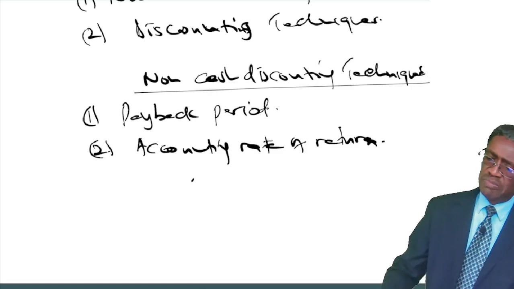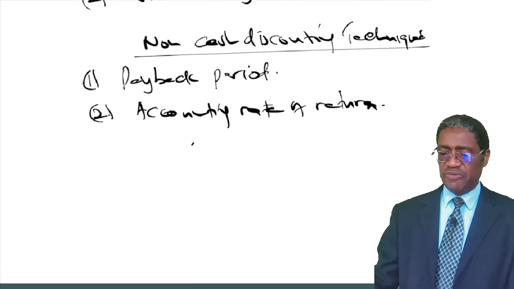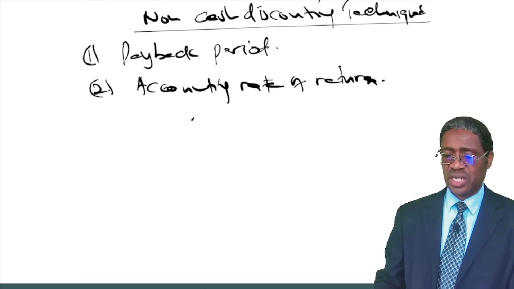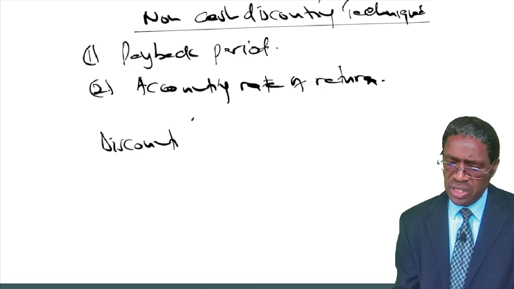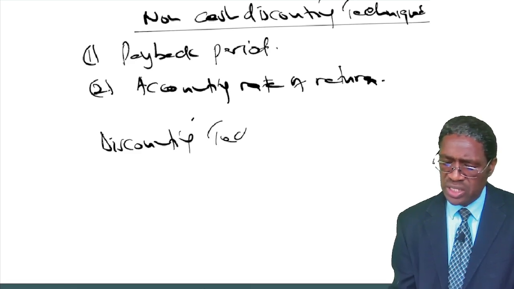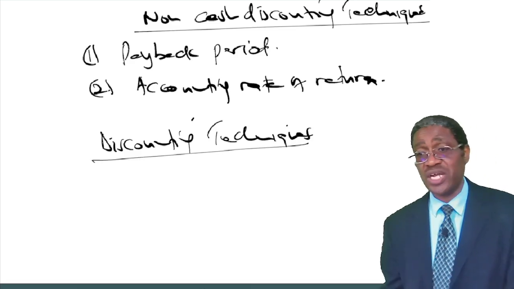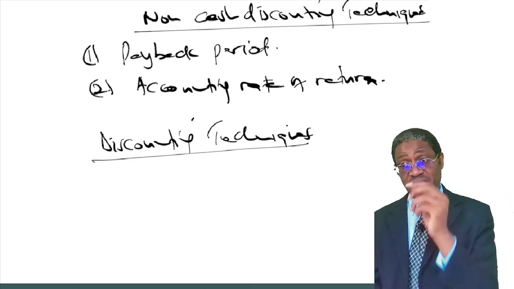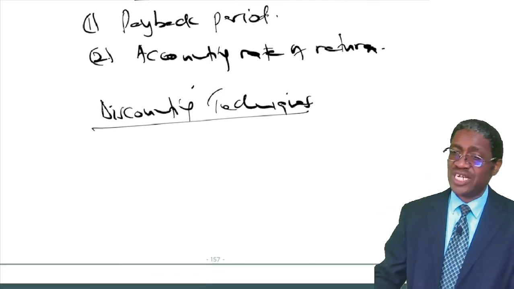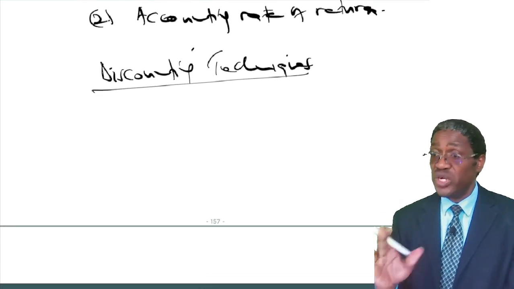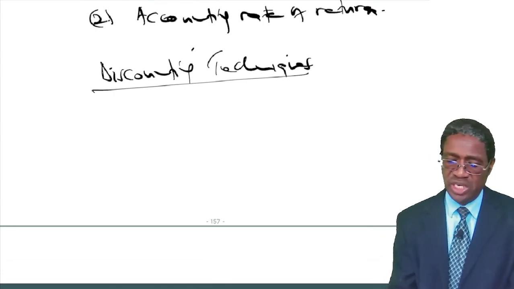Okay. Let me first list the methods under the second category, that means under the discounting techniques. I've told you these are techniques that take into consideration time value of money. Under this category, the following are the methods that can be used in evaluating the projects.